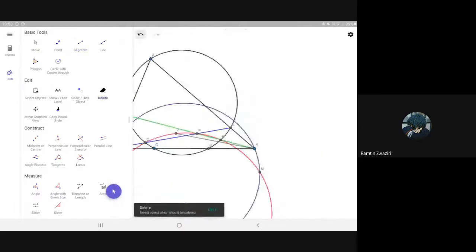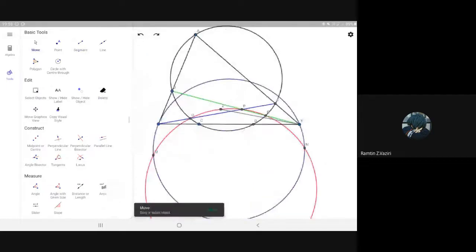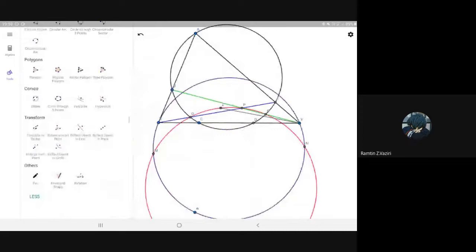You're saying the circumcircle of XZY is tangent to the circumcircle of MZN? Okay.